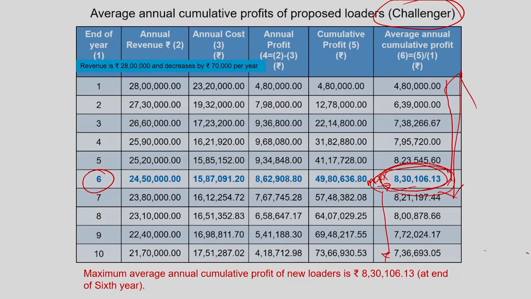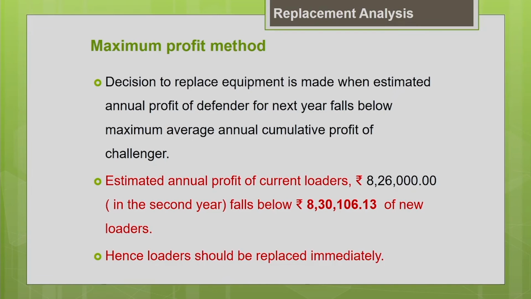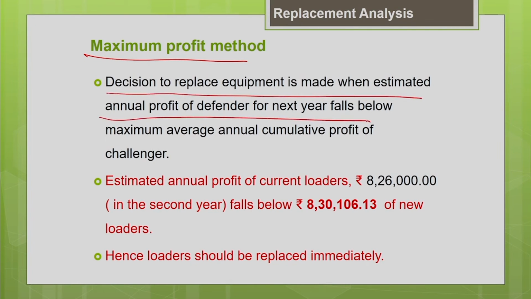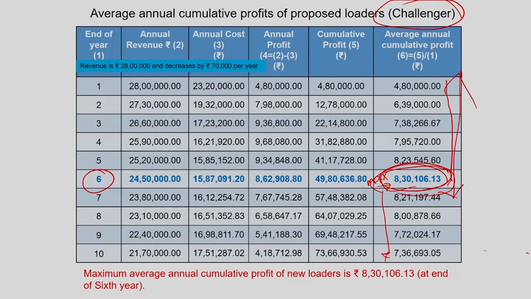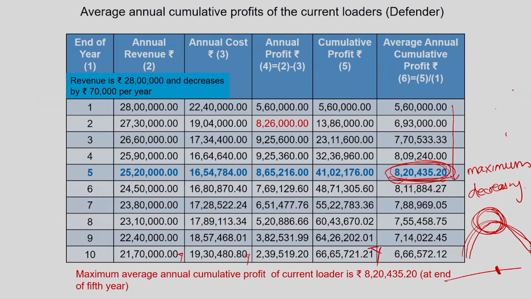When to replace, we will go by the guidelines of Dr. James Douglas. The decision to replace the equipment is made when the estimated annual profit of the Defender for the next year falls below the maximum average annual cumulative profit of the challenger. So we are going to see what is the estimated annual profit of the Defender for the next year. Your current loader is already 1 year old.